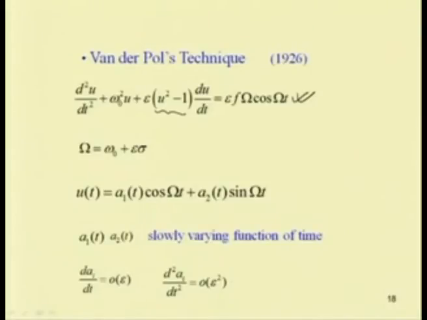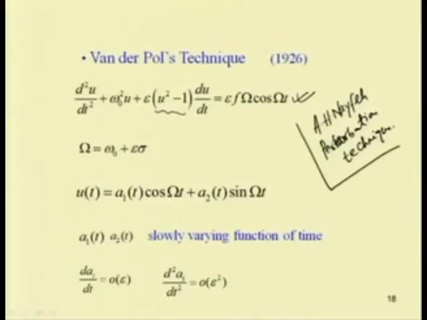This equation was originally solved in 1926 by Van der Pol using the following technique. This method is adapted from the book Perturbation Techniques by A. H. Nayfeh.